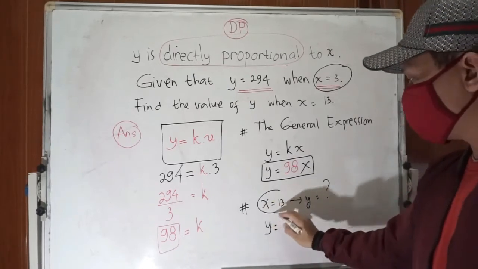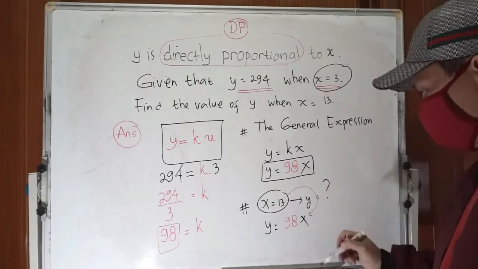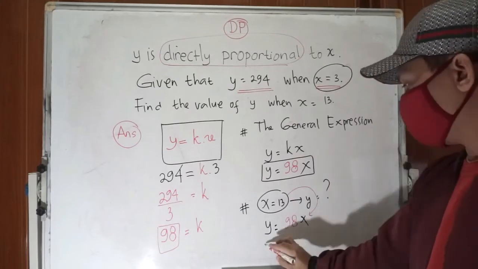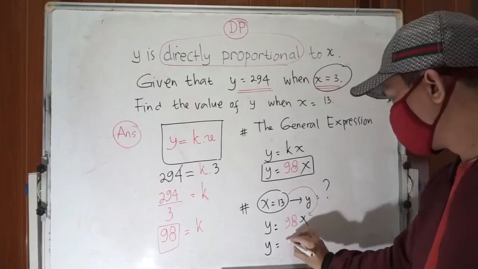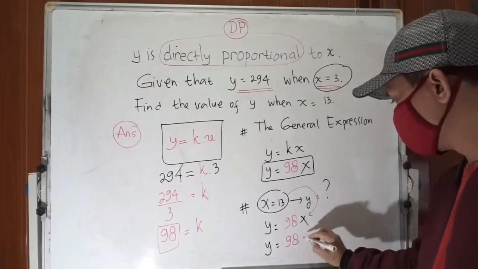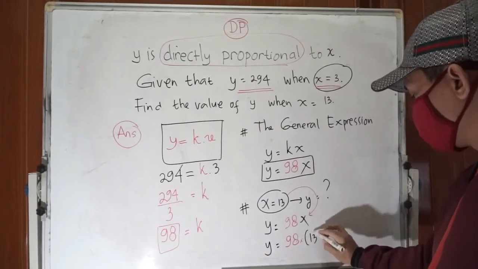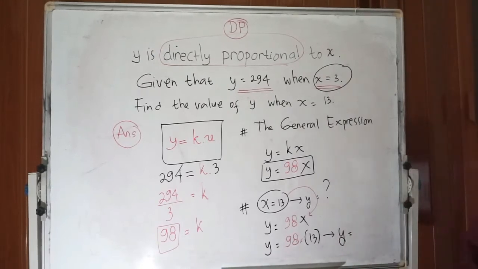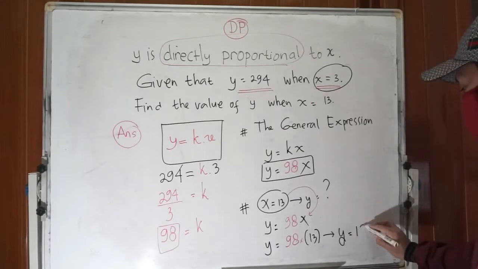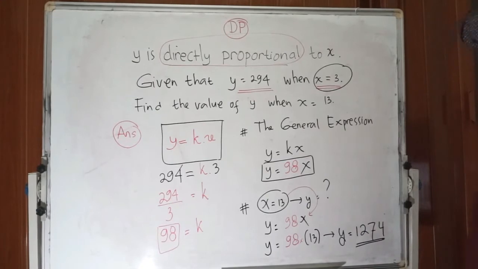When x equals 13, you just insert the value of x into the equation. So y equals 98 times 13. By using the calculator, y equals 1274. So this is right. Thank you.